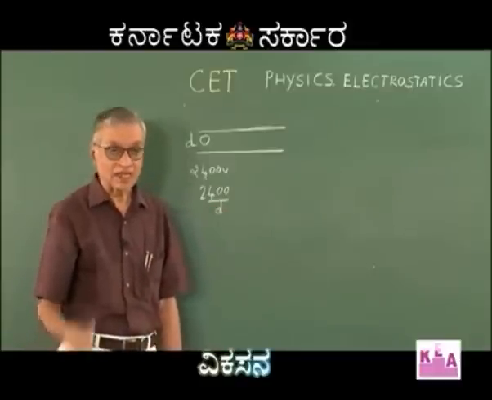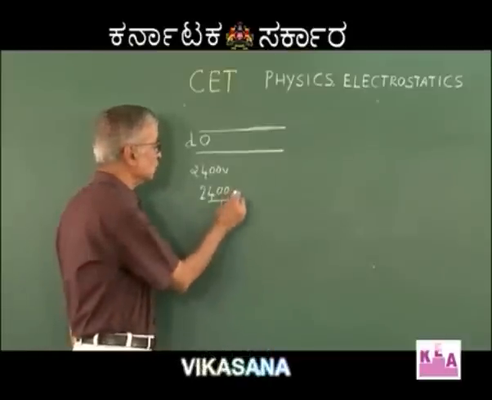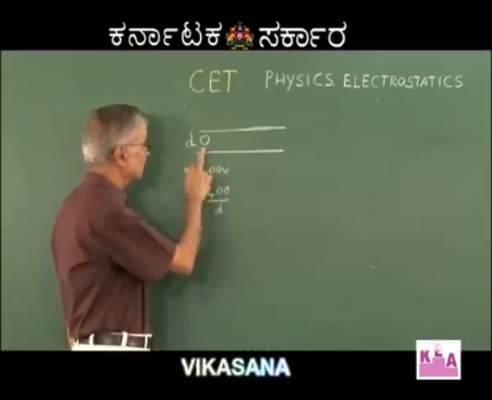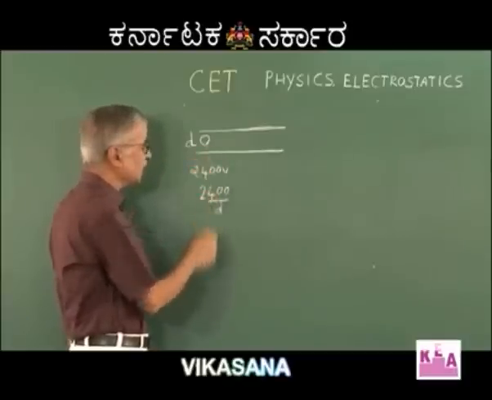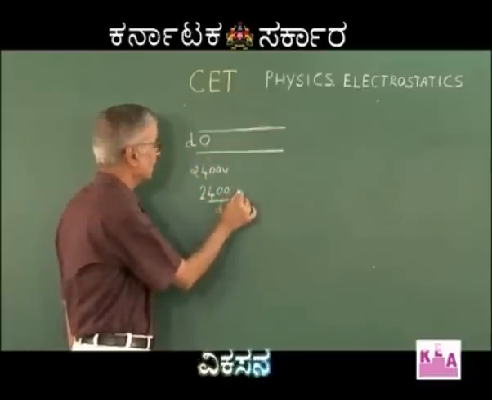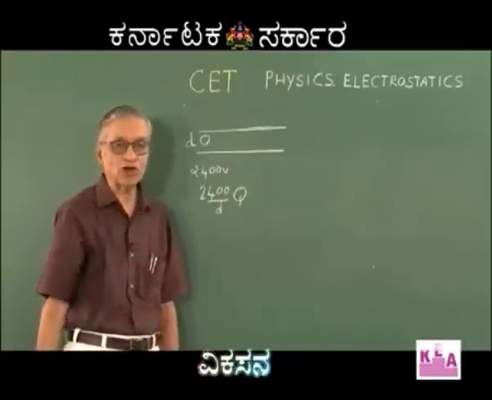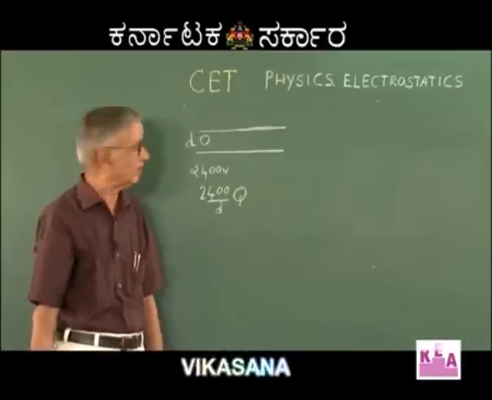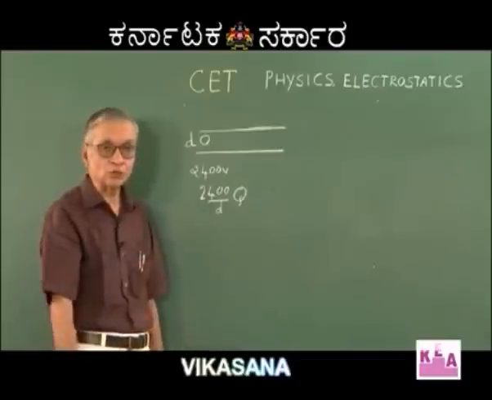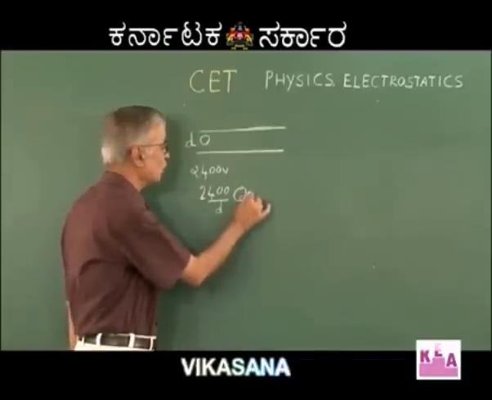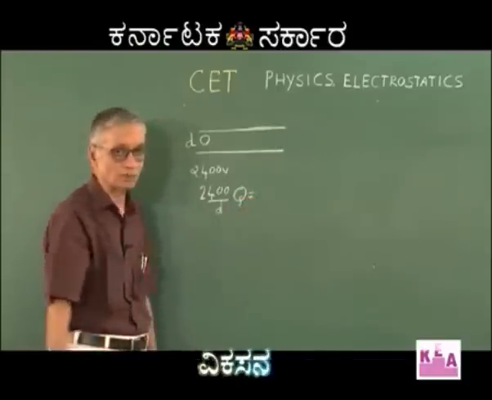Then if the charge on the drop is q, the force acting on the charge is 2400 divided by d multiplied by q. This must be equal to the weight of the drop.